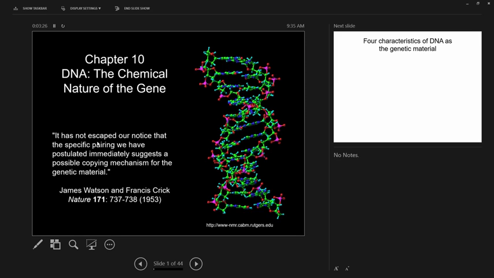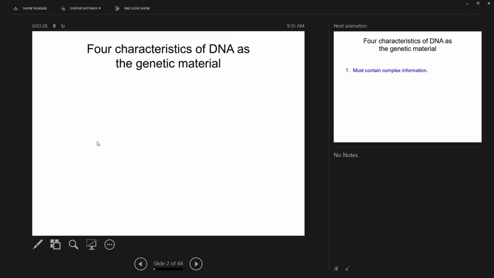All right, so what are we going to do here? If you want to use the genetic material, we know that's DNA, but it wasn't known at the time. So what are the properties or characteristics of a substance that will function as the genetic material?